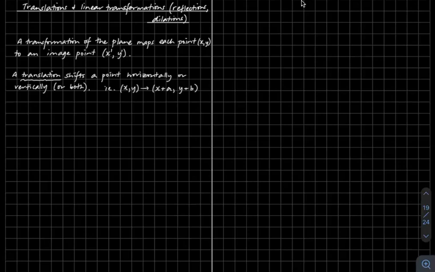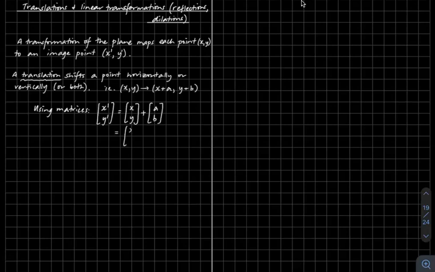Now a and b could be positive, negative, 0, so it can shift x left or right. It can shift the original y coordinate up or down. And we could do that using matrices, not an incredibly valuable thing to do, but it is true that we could say the image point x dash, y dash is equal to the original coordinate point x, y plus the matrix with values a and b.